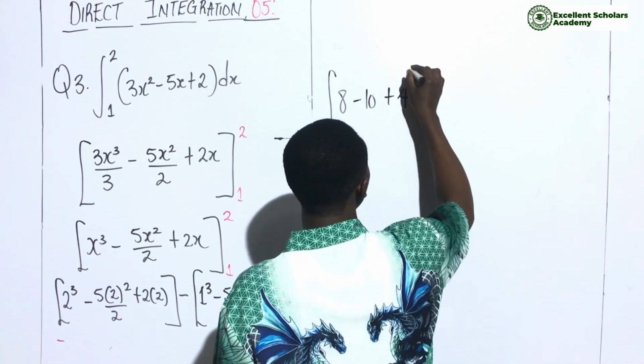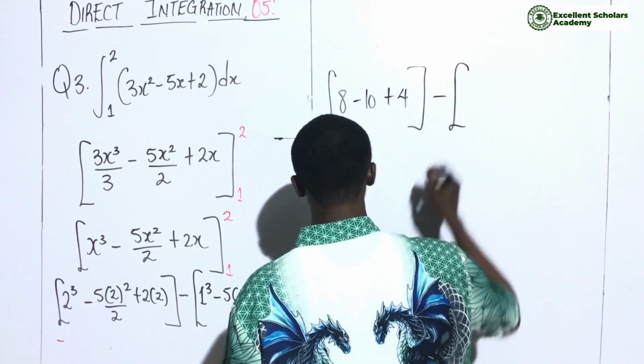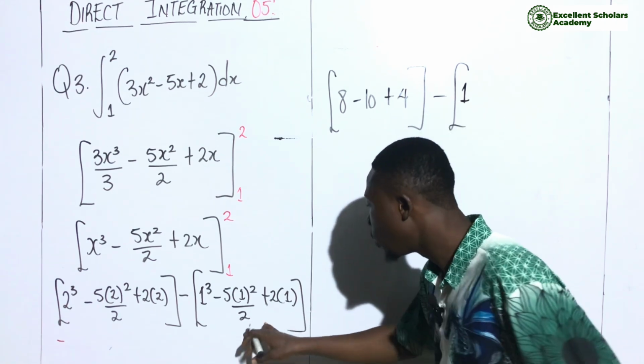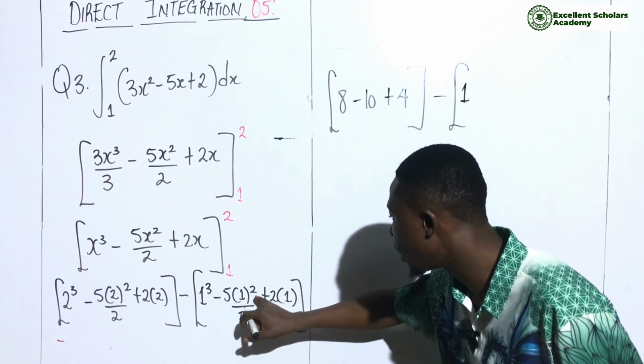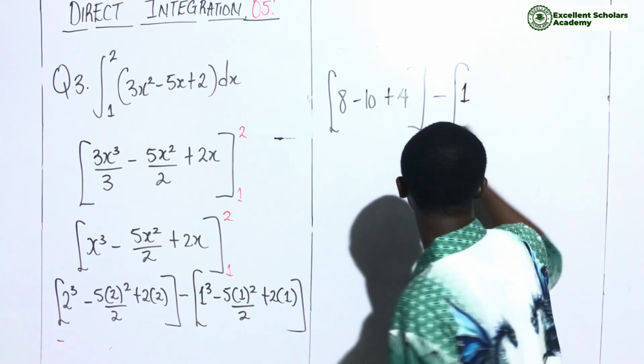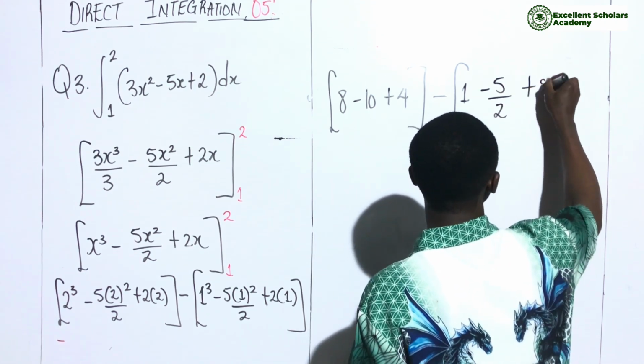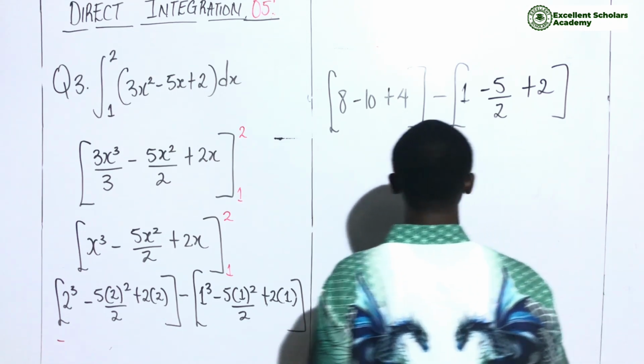Minus this, and 1 to the power of 3 gives us 1. Now 1 to the power of 2 gives us 1, so this becomes 5 over 2, that's minus 5 over 2. Then plus 2, because 2 multiplied by 1 is 2.